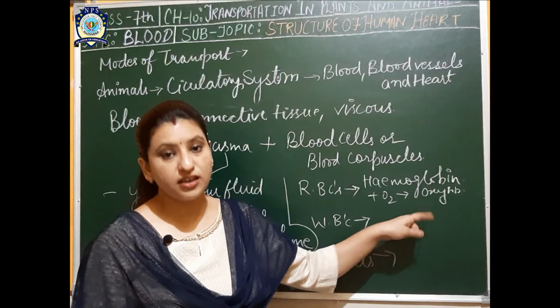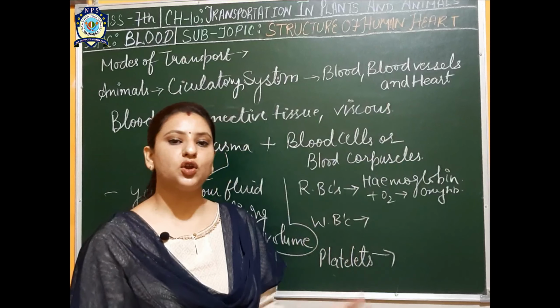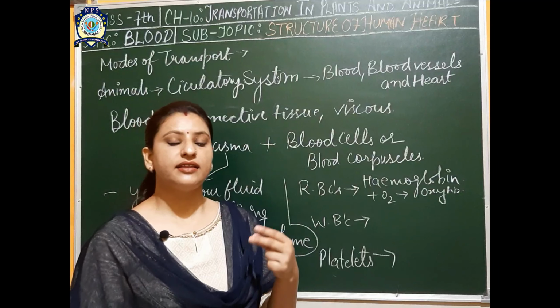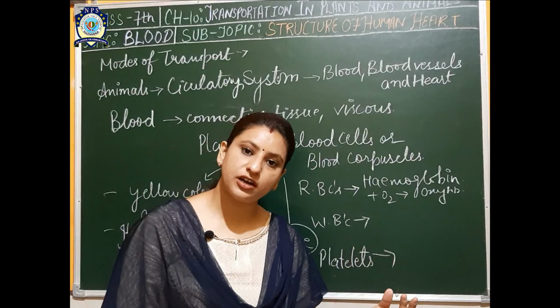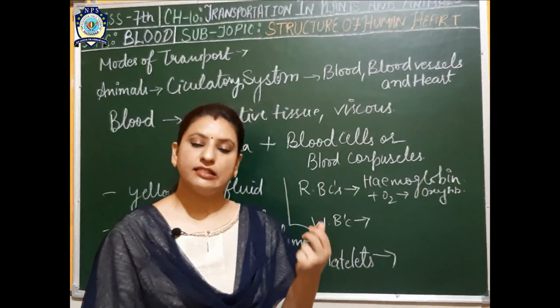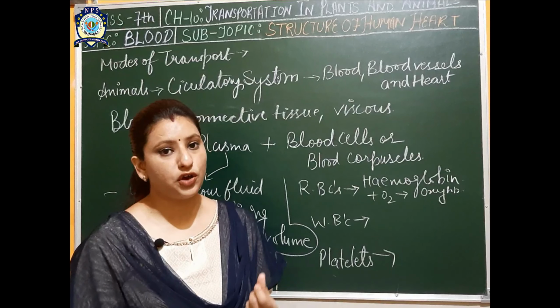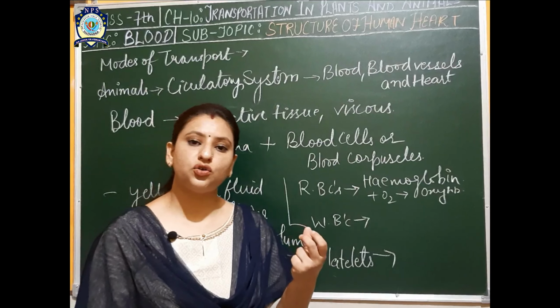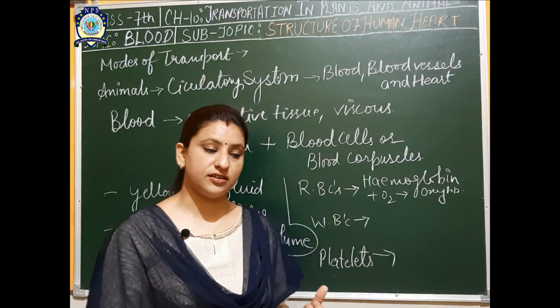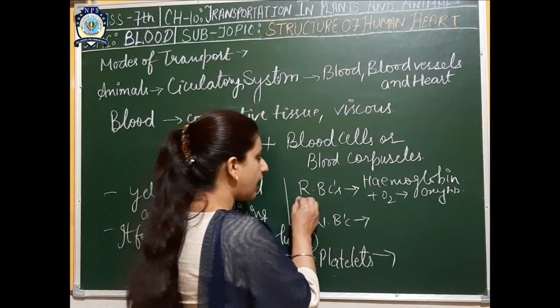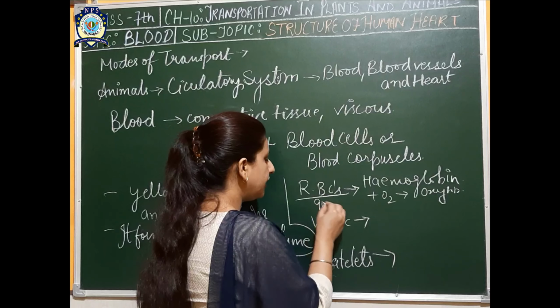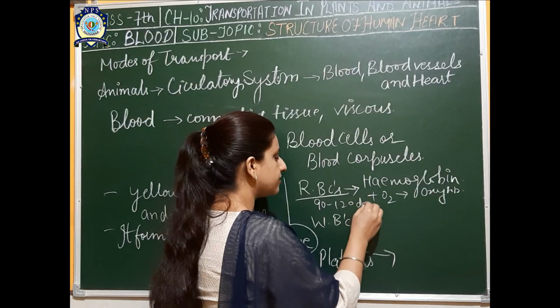With that oxygen, glucose combines, and then carbon dioxide, water and energy are released. That energy is utilized by the body of an organism for various life activities. The lifespan of these RBCs is 90 to 120 days.